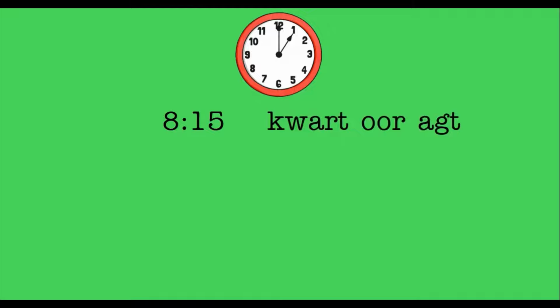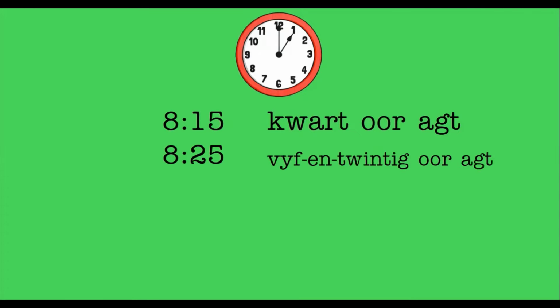Now let's quickly look at the time. So 8:15 is kwart oor 8 in Afrikaans. And 8:25, 25 past 8, we will say 25 oor 8. And then 8:30. In English, we say what has passed. It's half past 8.